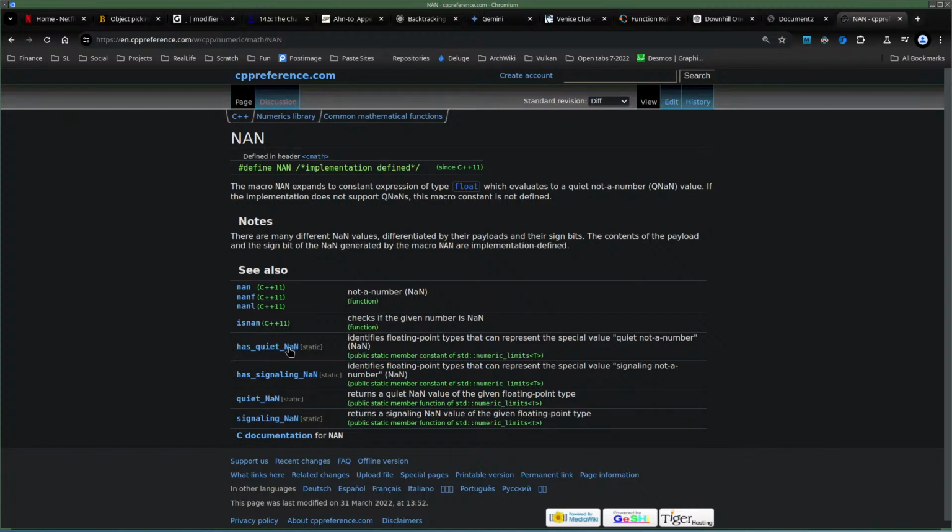So we'd have to check this, and then it will only work if we have acquired not a number. I think I'm already making use of that, actually.